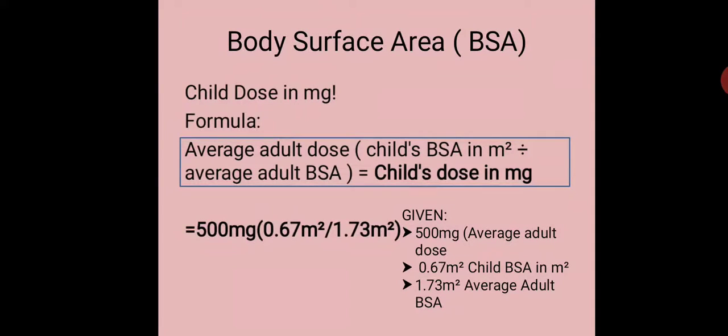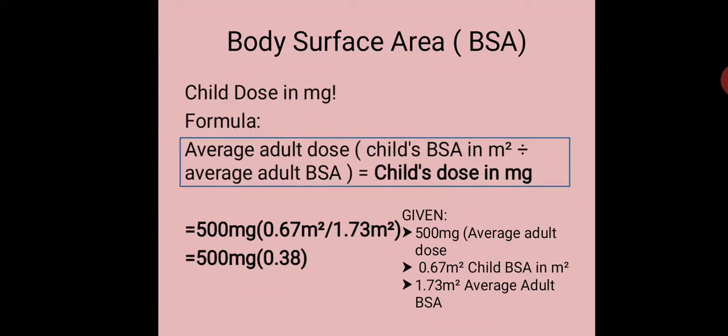Following the formula, the average adult dose is 500 milligrams, the child BSA is 0.67 meters squared, and the average adult BSA is 1.73. First, we divide 0.67 by 1.73, and we came up with 0.38.